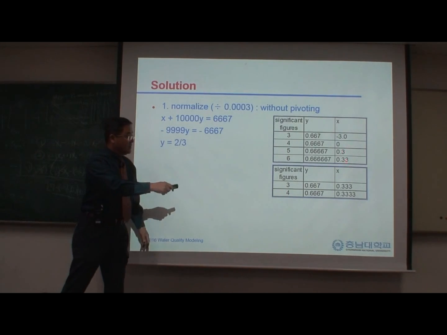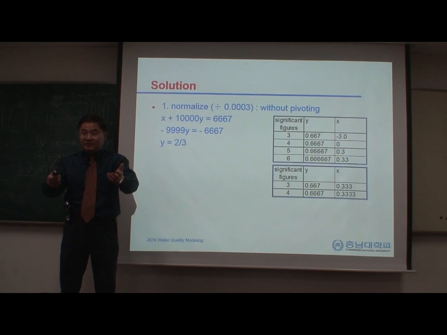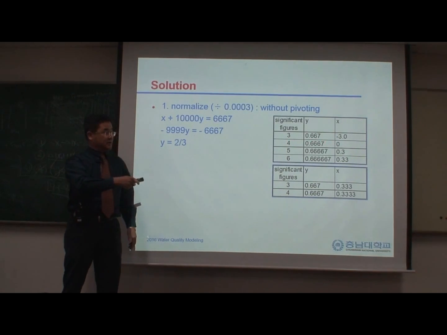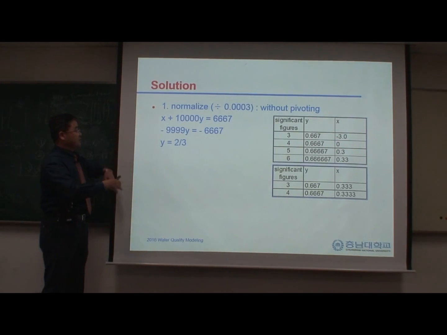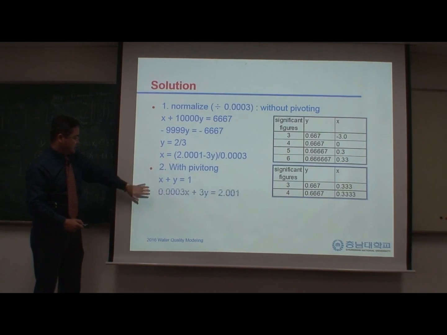So from here, you could start to get the right answer. But if you do not carry enough digits, then you will have trouble. So in this case, we need to rearrange the order of the equations to minimize this. We'll simply flip this over to here. We just change the order.